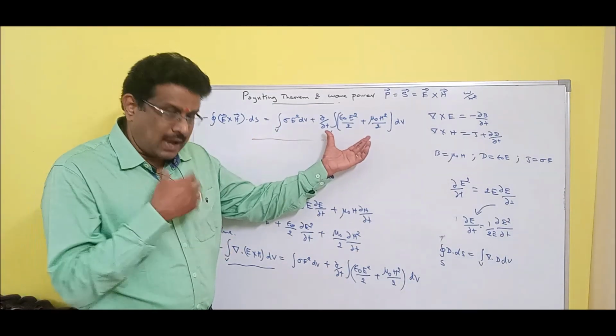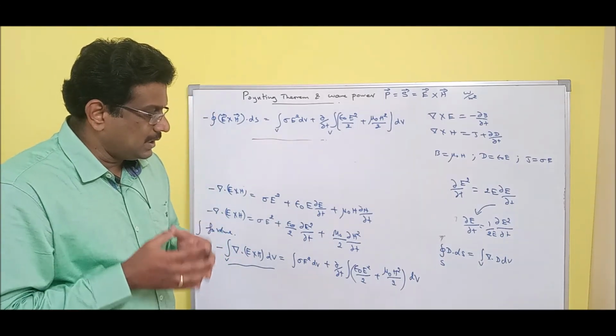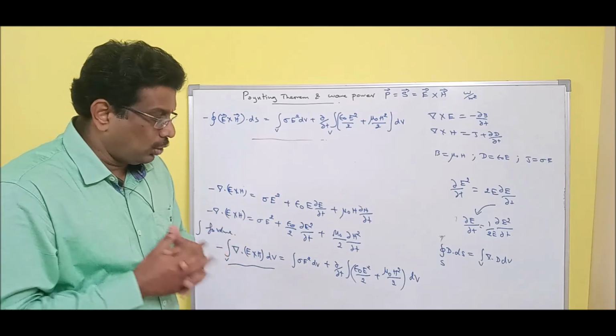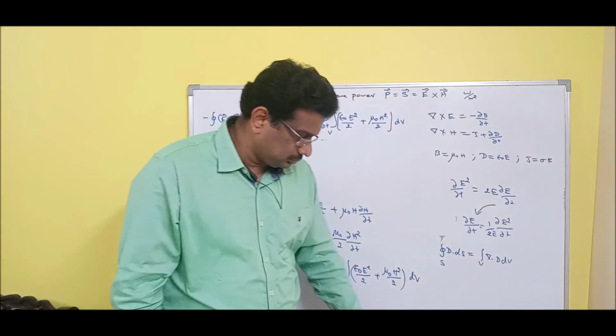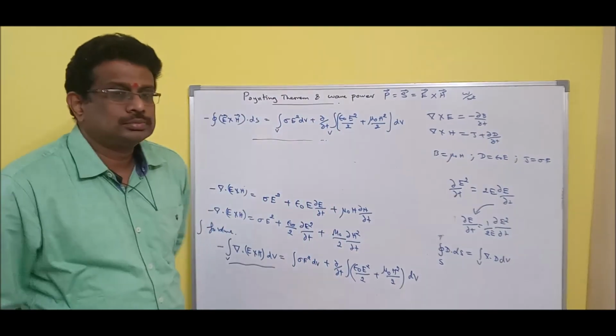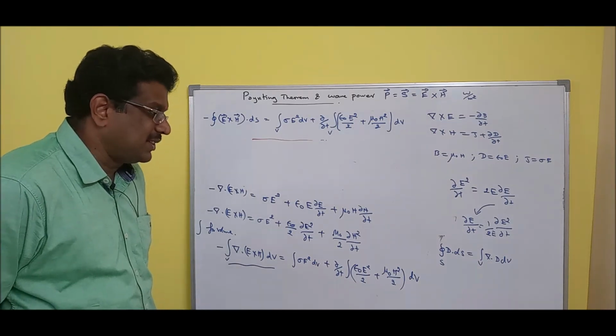The second term of the RHS indicates energy stored of electromagnetic waves inside the volume, and it decays with respect to time.